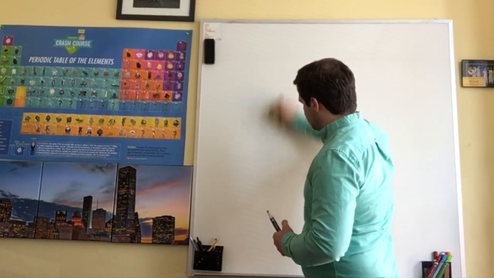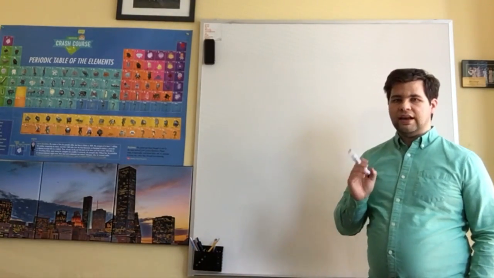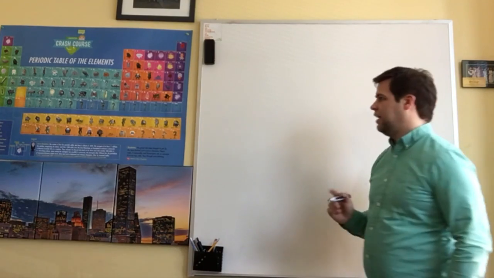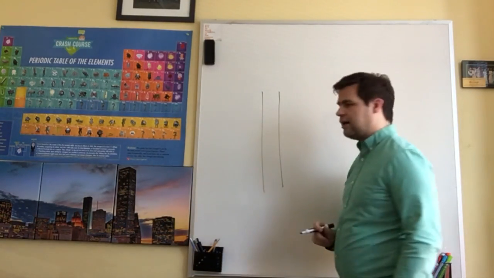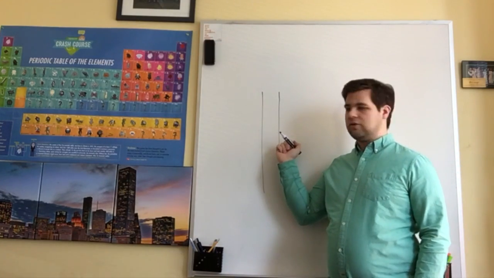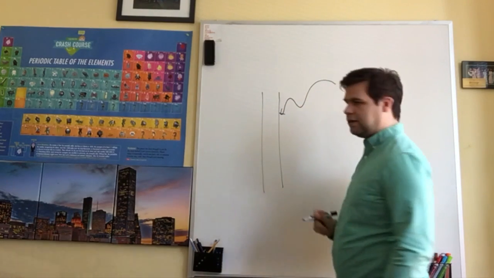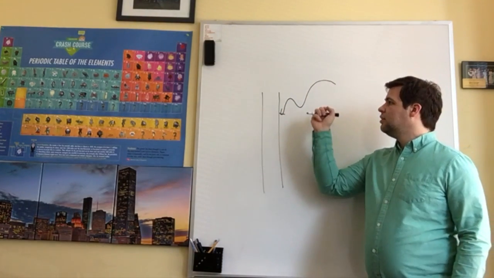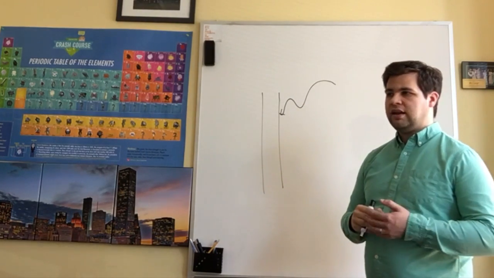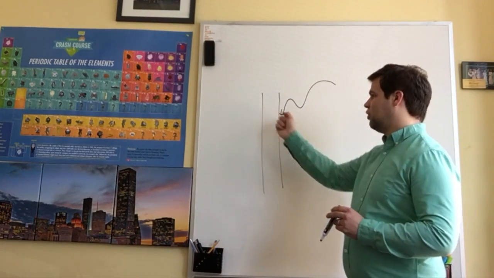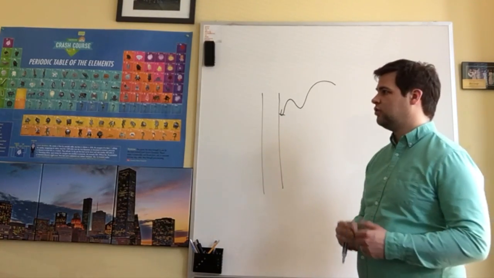Okay, so the idea from classical mechanics is that, again, since you have this metal plate and you have light hitting it, if the light is more intense, then it's going to cause more electrons to jump with greater velocity or speed.